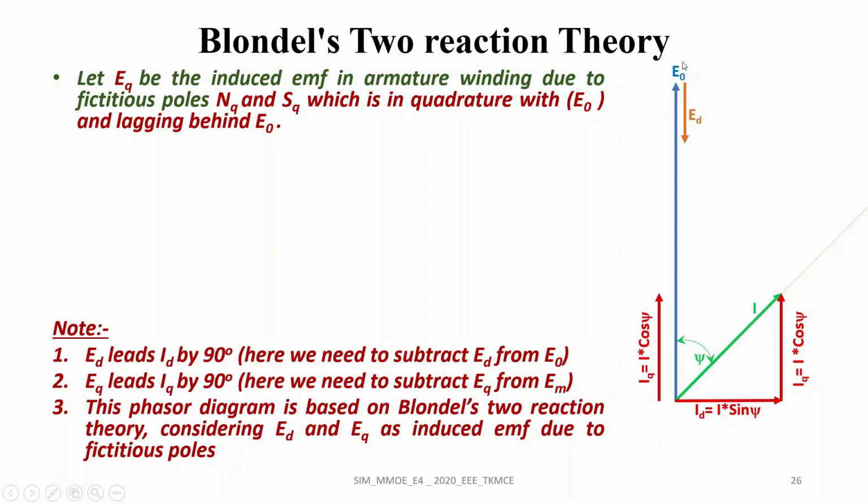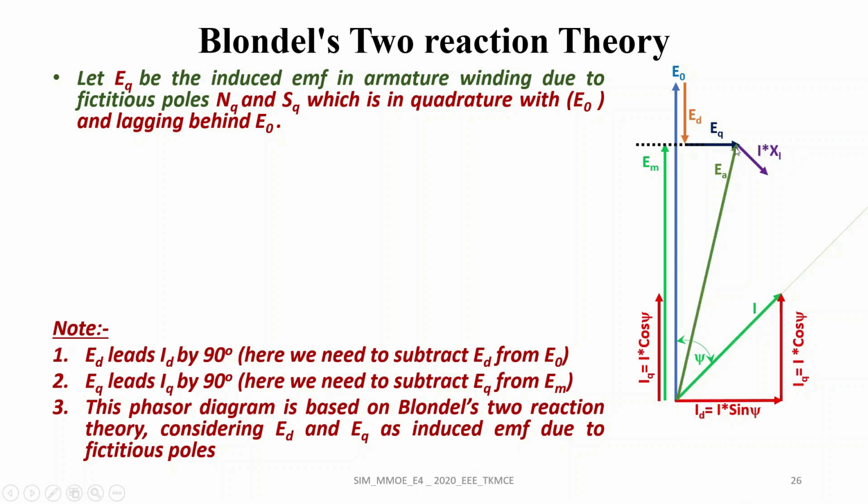Therefore, net induced EMF EM is E0 vector minus ED vector. Then we need to consider the induced EMF due to a set of fictitious poles NQ and SQ. EQ is leading IQ by 90 degree. Now, the resultant of E0, ED and EQ phasor gives the internal induced EMF EA.